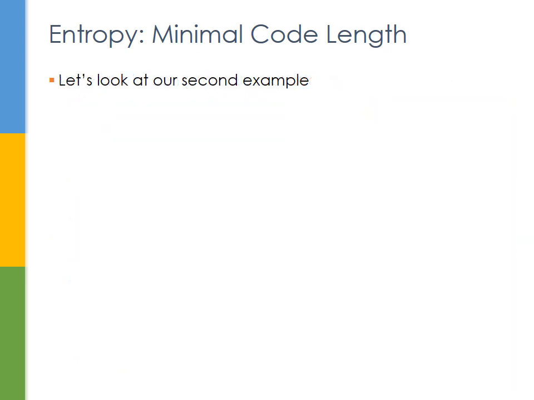Let's now compute the minimal code length in terms of entropy for our second example. So here we have our set S, which contains the symbols that we need to encode, namely sunny, cloudy, rainy, and foggy. And then we also need our set P, which contains the probabilities for our various symbol values occurring. So again, we have fractional values stored within this set, which we interpret as percentages.